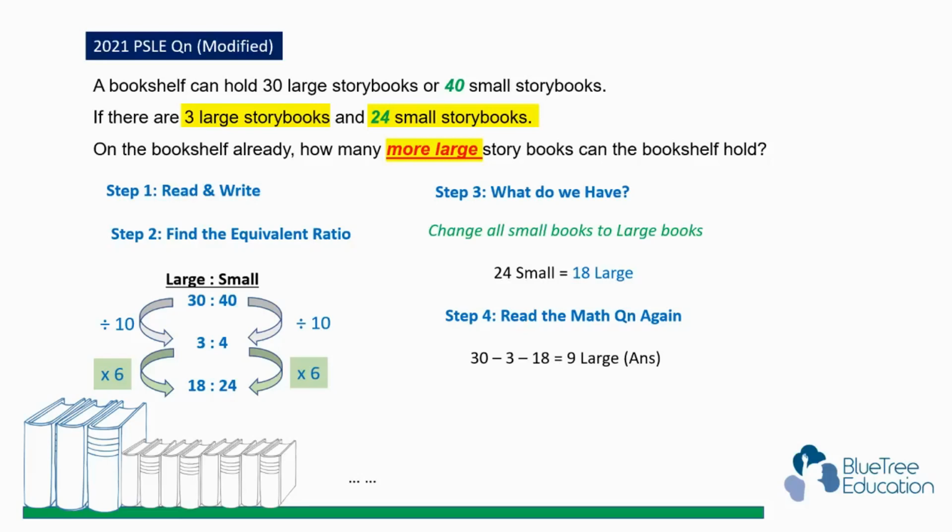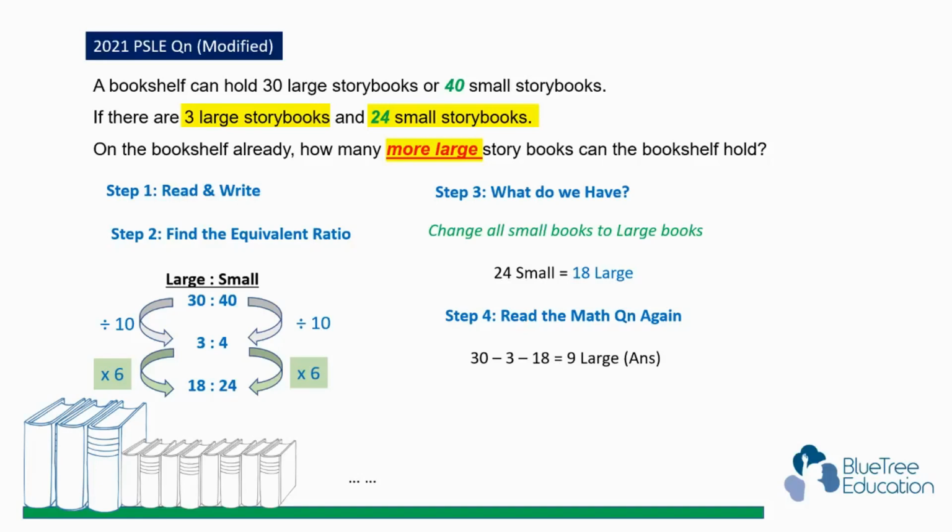So they just think simple and use simple strategies. PSLE is not that difficult to make the children solve questions like out of the world questions. At the end of the day, difficult questions are actually solved with very simple strategies like ratio approach, model drawing techniques. They will be able to overcome and solve them.